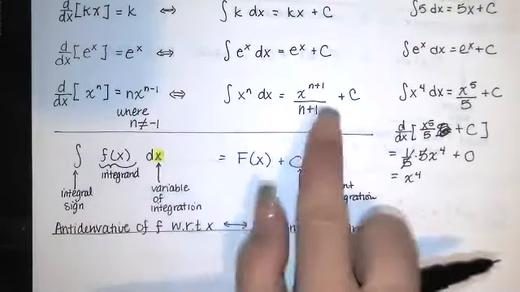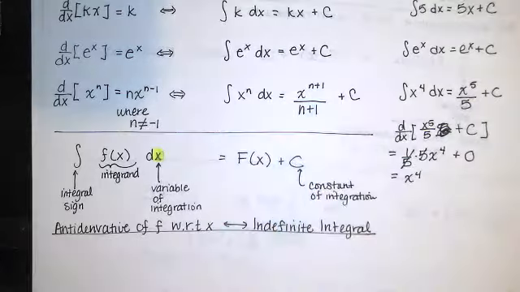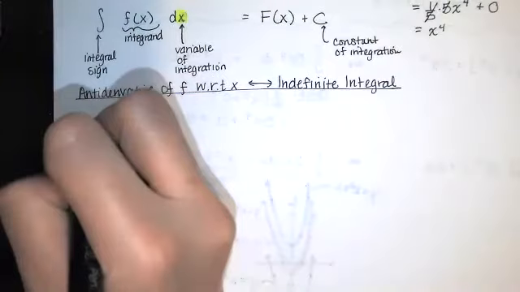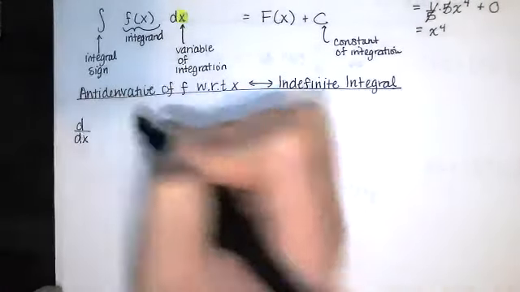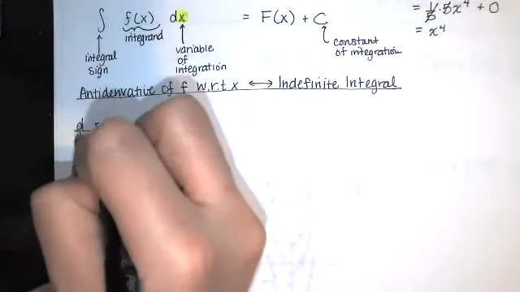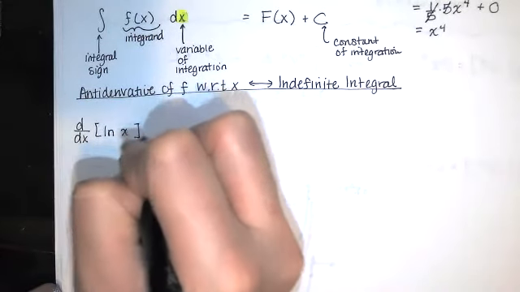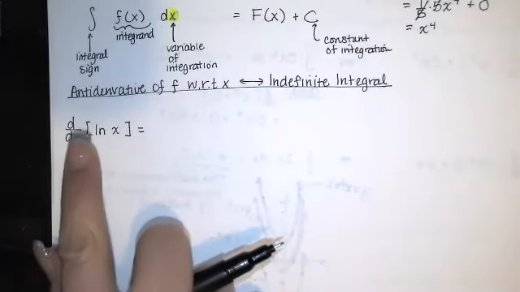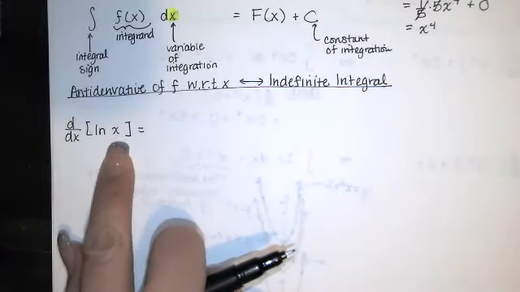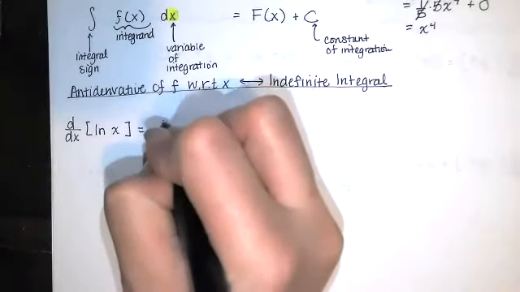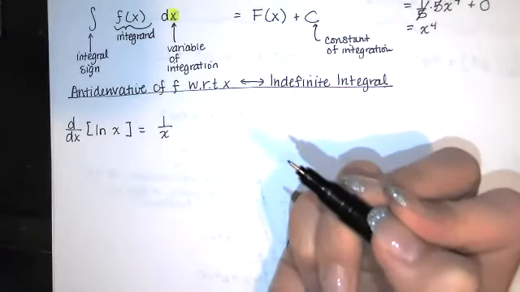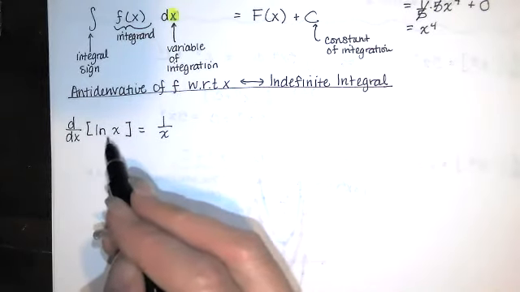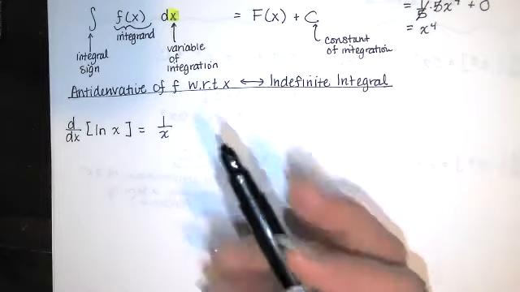If n is not -1, I add 1 to the exponent and I divide by the new exponent. And now you're going to see where this comes from. The derivative of natural log of x is 1 over x. And this is true when x is positive, because remember, we can't take the log of a negative number.